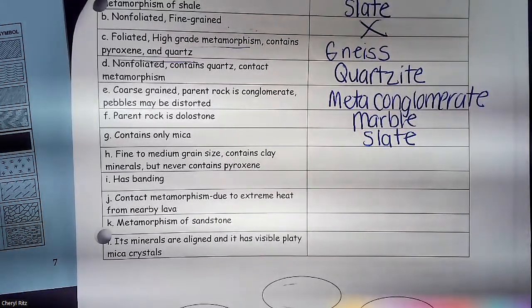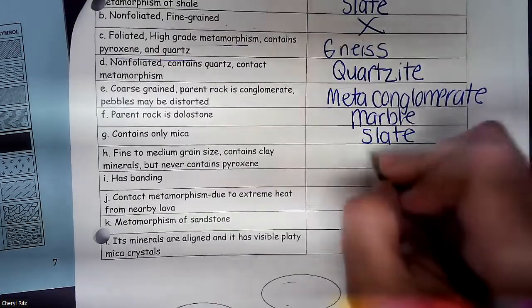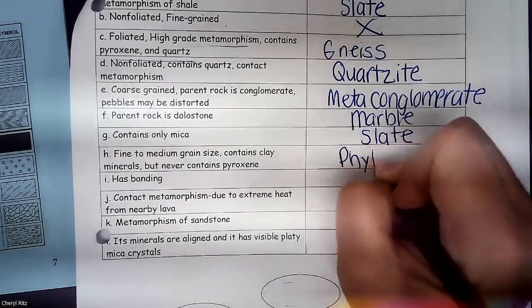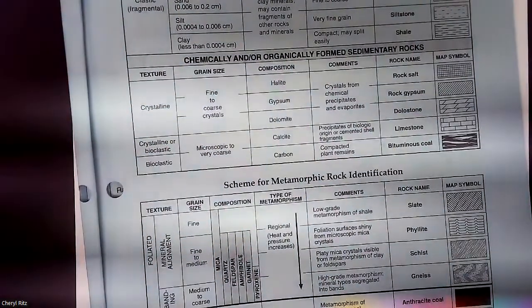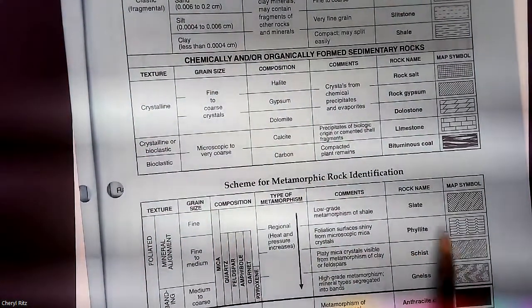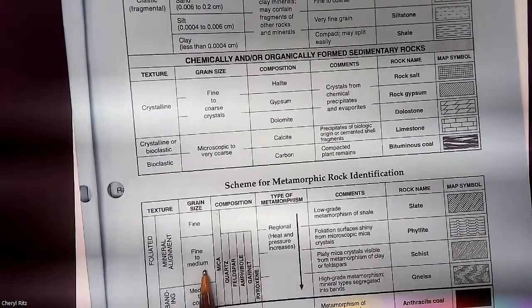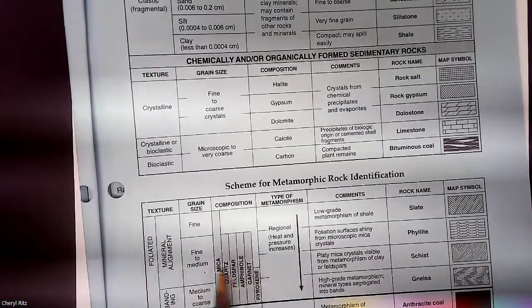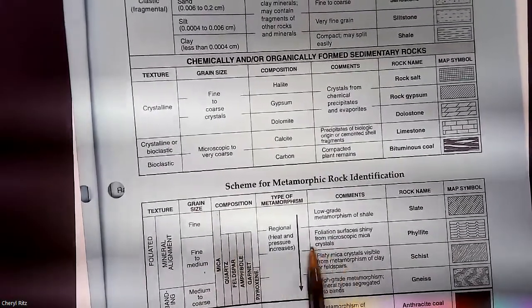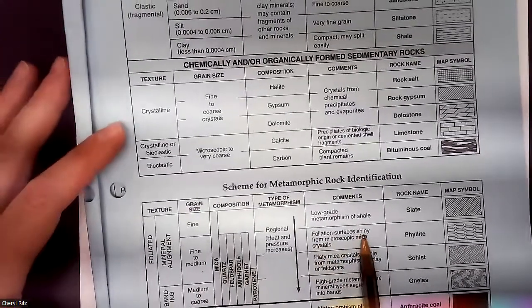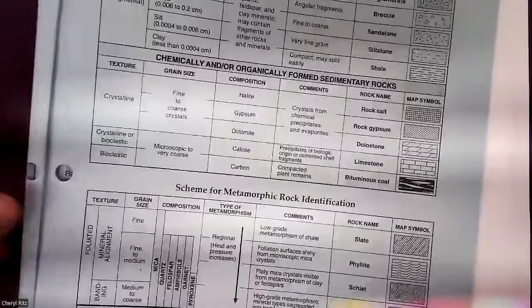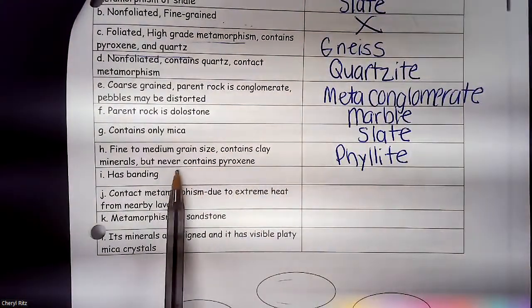How about H? Phyllite. Did you not say schist? I will admit that schist and phyllite are pretty darn close. They have basically the same grain size and the same minerals. The only thing different is when you go through the reading. Phyllite does tell you it's shiny from microscopic mica crystals, and that's what we were looking for, right?